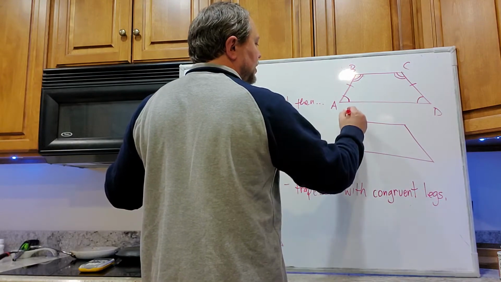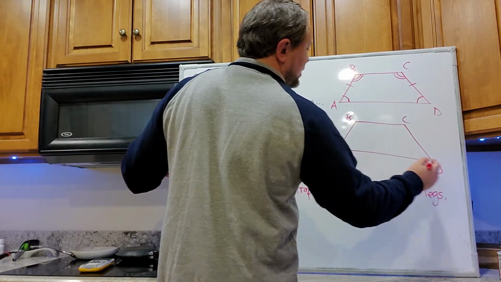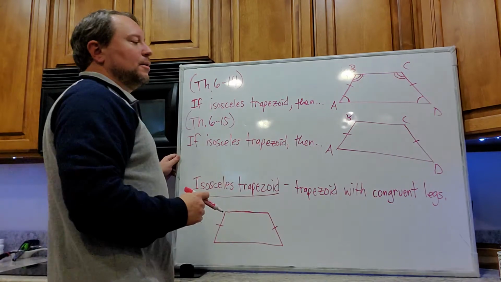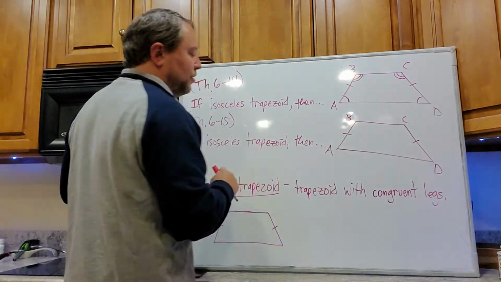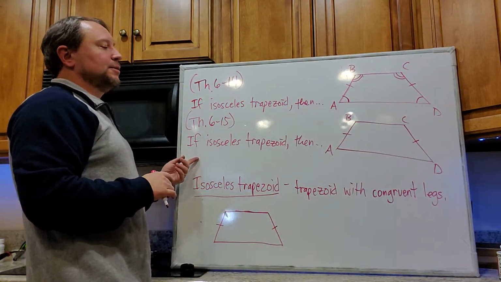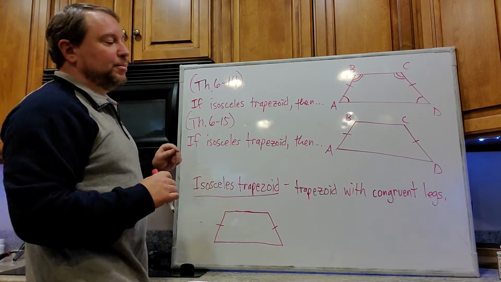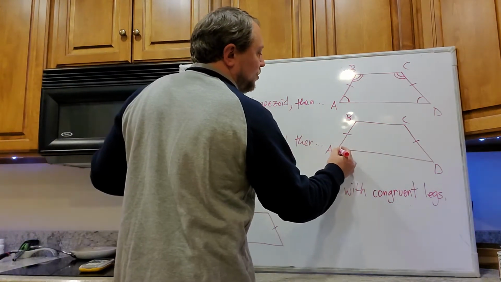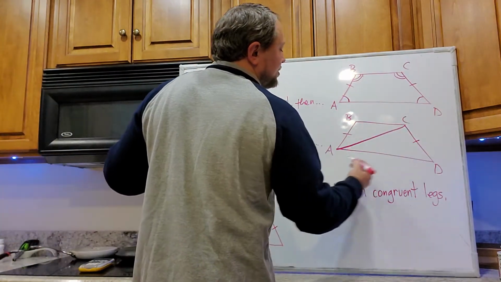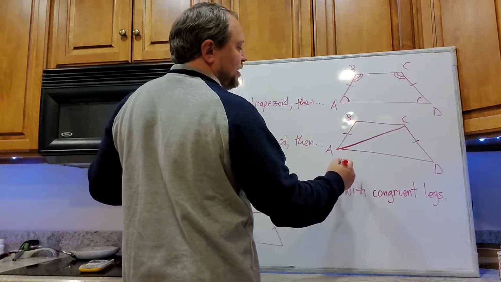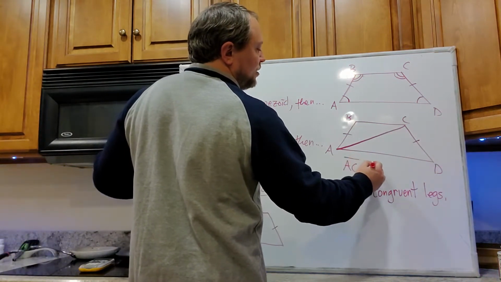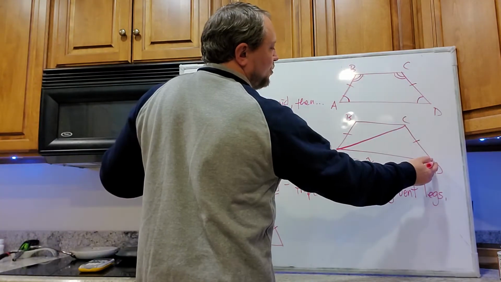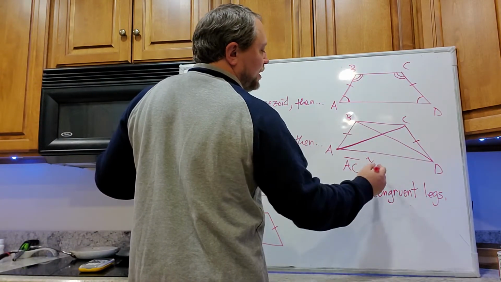And again, I'll label it A, B, C, D. But not only are the two legs congruent by definition, but according to this theorem, there's something else that's going to be congruent, and it's the full length of the diagonals. See that full diagonal AC? It's going to be congruent to the full diagonal BD there.